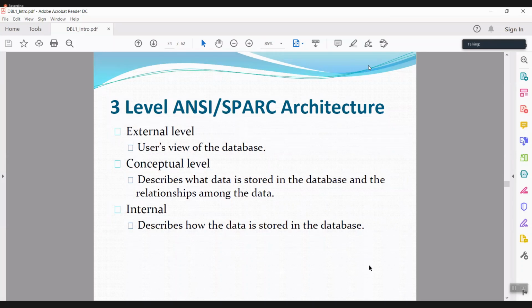In other words, the physical storage plus the access mechanisms are what we talk about in the internal level. So the internal level could be a collection of magnetic tapes, and then the access mechanism is obviously sequential access. But if the physical storage is a collection of disks, then there are two access mechanisms, sequential access as well as random access.